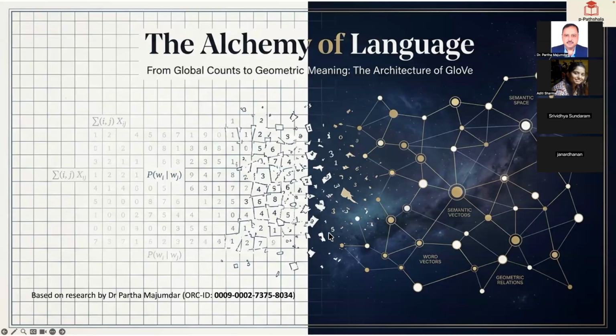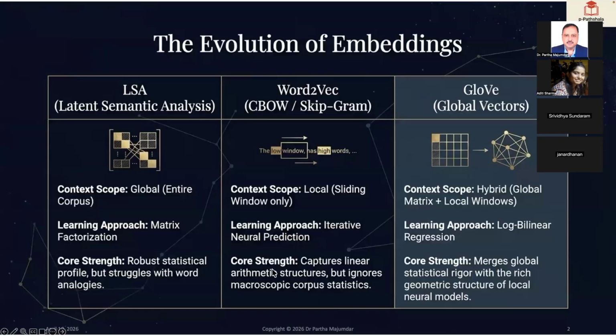So let's proceed. What we have done so far: we went through tokenization. We have not really taken full advantage of all the different tokenization techniques, but we will do that from next class onwards.